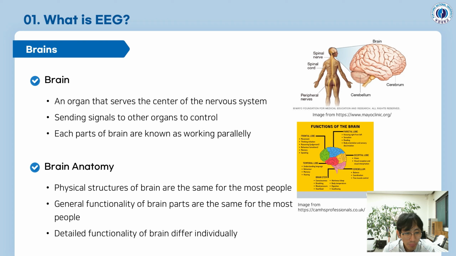Basically, most people's brains have similar functional structures. For example, our frontal lobes are in charge of movements and thinking, initiation, reasoning, behavior, memory, speaking, and if you are watching something, then your back lobe, the occipital lobe, is working hard to understand the visual stimulus, visual things.